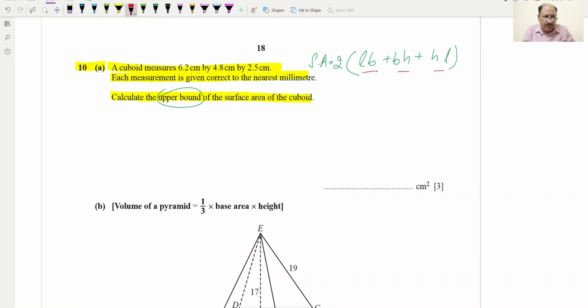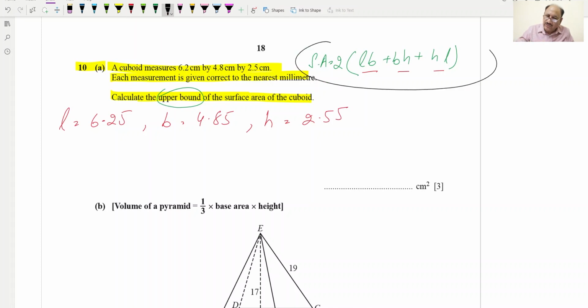So for L, we will be taking 6.25. This will be the L upper bound, and 4.85 for B, and for H we can take 2.55. So these upper bound values we are taking.